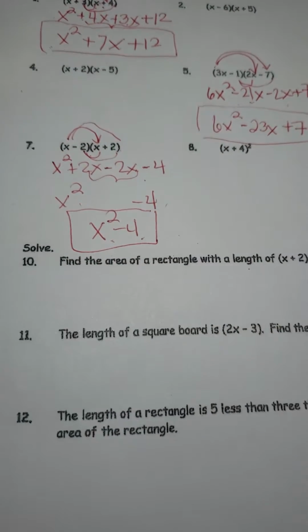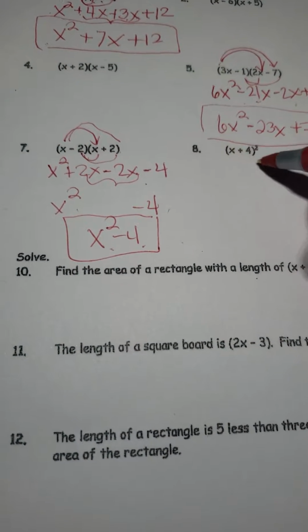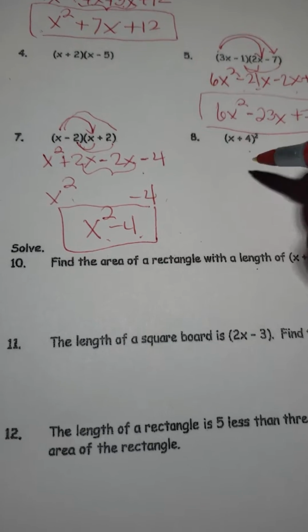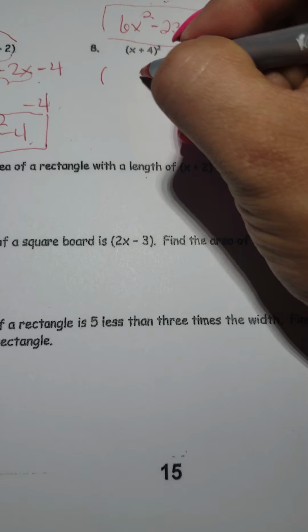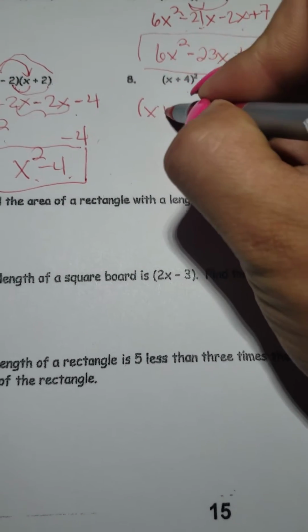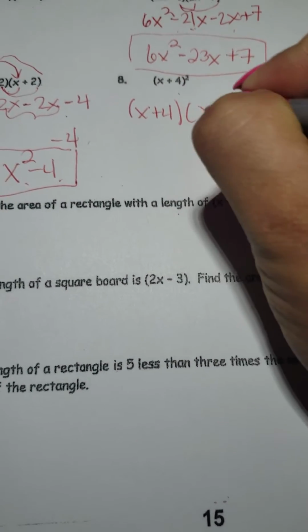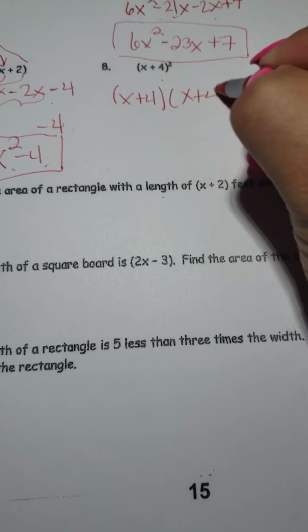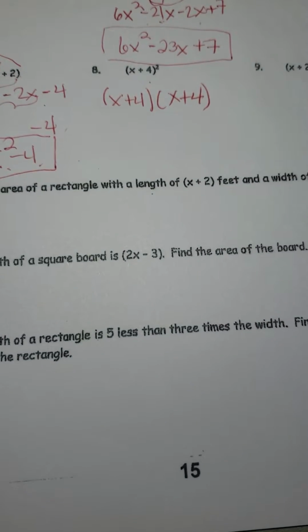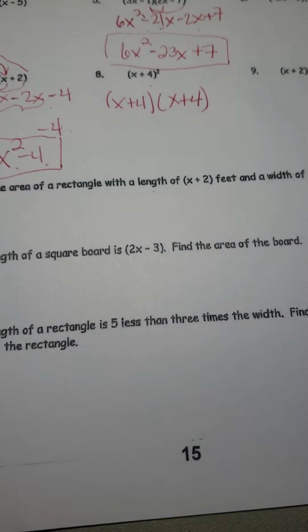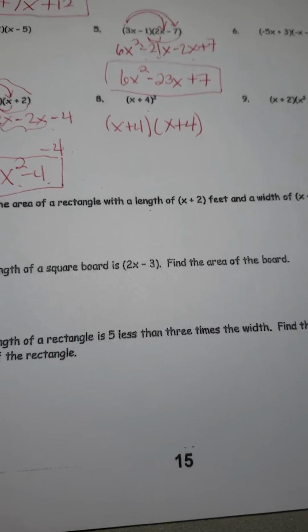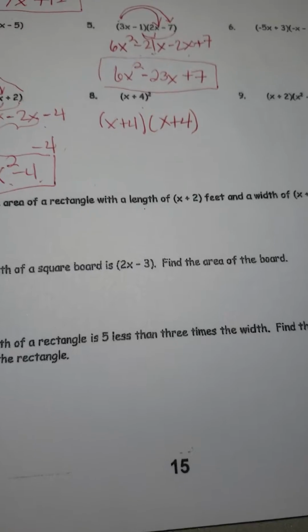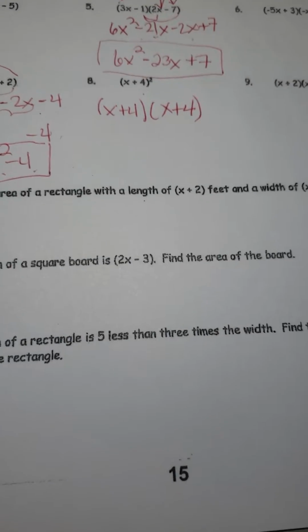Number 8. Number 8 is a binomial being raised to the second power. When you have a binomial raised to the second power, you're going to multiply it times itself twice, because that's what it means to raise it to the second power. Please do not confuse it with what we did the other day when we were multiplying variables inside and outside parentheses.